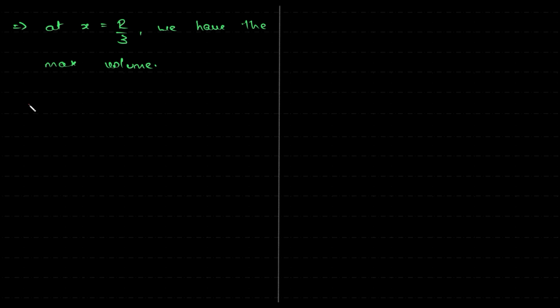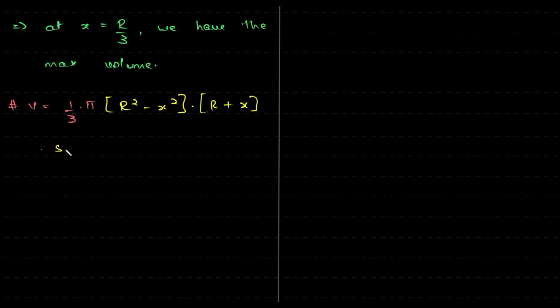Okay, so with that fact we'll just have to substitute and we are done. So we have v, which is equal to 1 by 3 pi r square, sorry, my bad, pi r square h. So if I substitute, r square is nothing but, if you guys remember, r square minus x square, and h is nothing but r plus x.